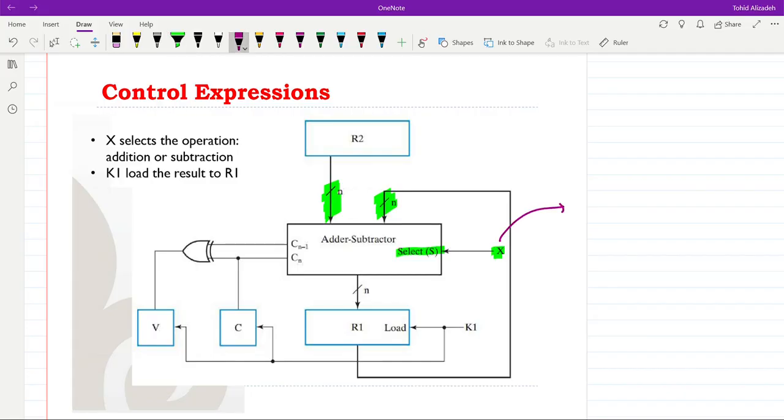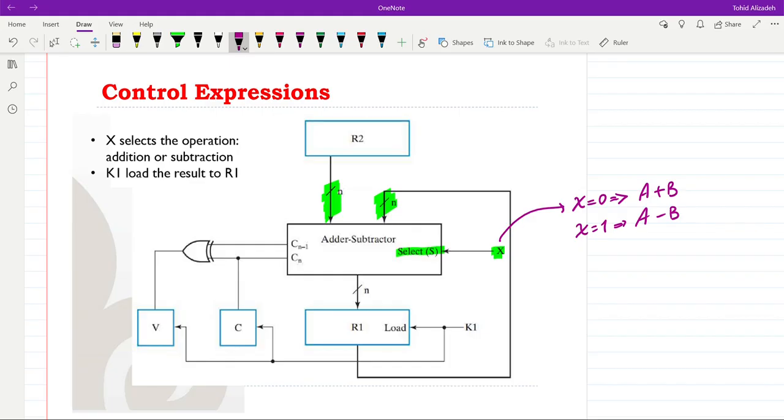Again, you should remember that with select input x equal to 0, we will have A plus B, and with x equal to 1, we will have the subtraction of A minus B.